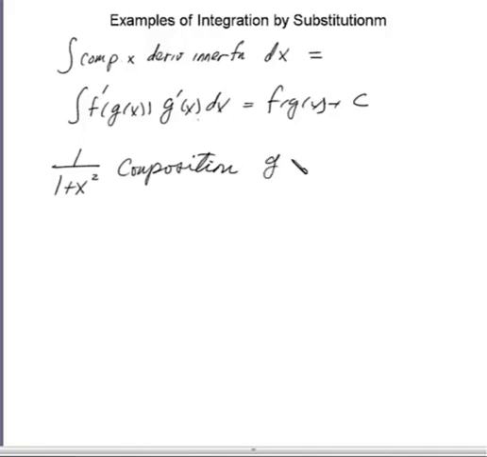Let's suppose that we would look at a g of x function as being 1 plus x squared and an f of x function as being 1 upon x. Now what does this functional notation mean? It means that g takes its independent variable, squares it, and adds 1. Now what does f do to its independent variable? It just takes the reciprocal. Okay, then what if we look at f of g of x?